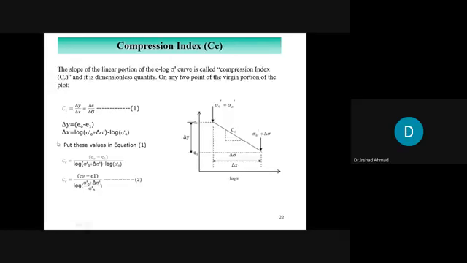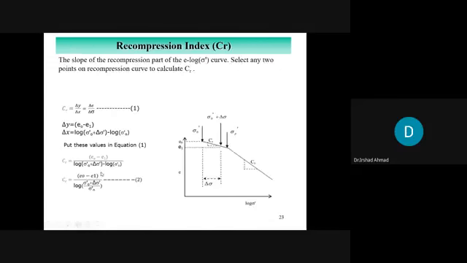How to find the slope of the CC? That is delta y over delta x, which you find from this curve. So you obtain this equation, and the recompression index CR uses the same equation. The difference is that the two points are selected on the recompression line.